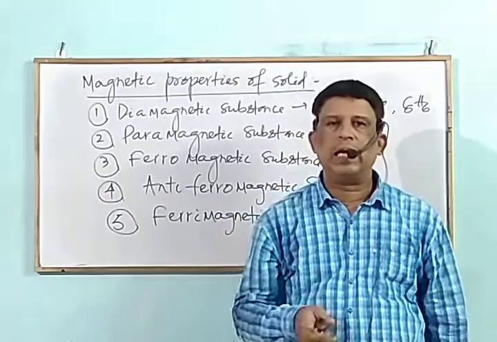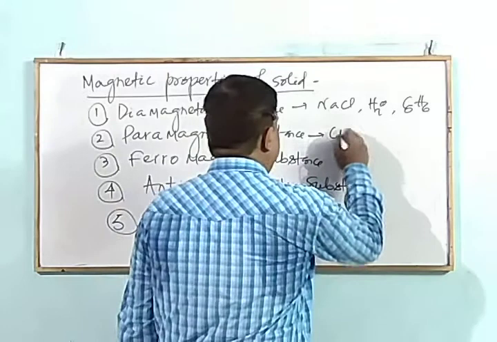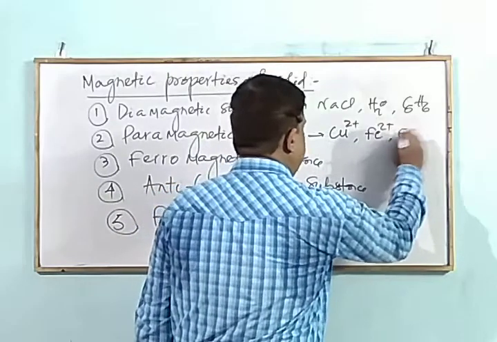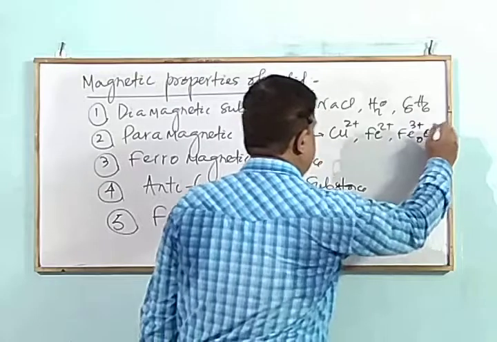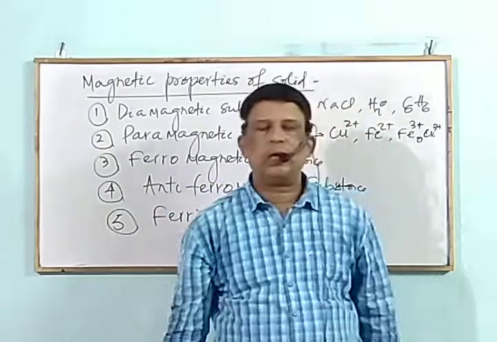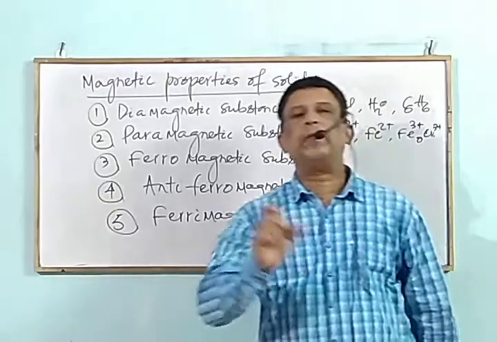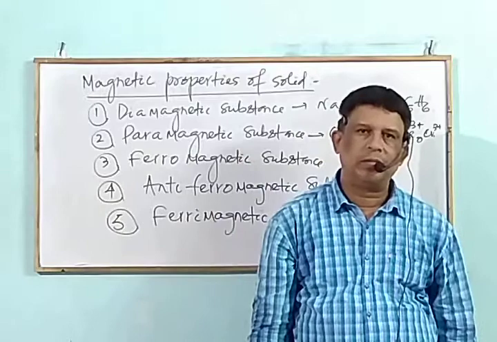Some ions, for example, Co2+, Fe2+, Fe3+, Cr3+, etc. That means some ions possess unpaired electrons, they are attracted towards a magnet. But if the magnetic field is removed, they lose their magnetic character.